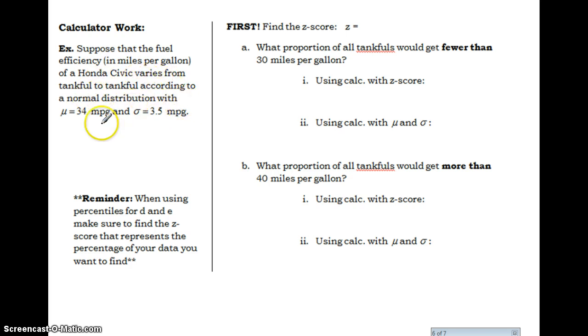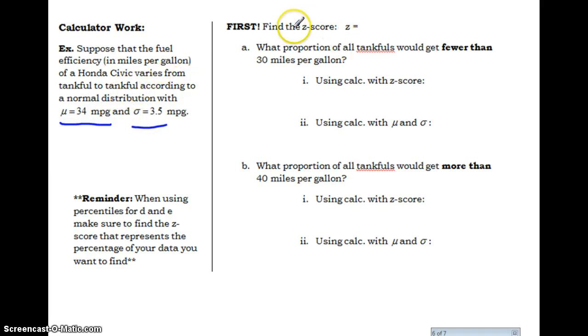Most Honda Civics have an average of 34 miles per gallon when you fill up your tank, right? That's how fuel efficient your car is. And there's a standard deviation of about 3.5 miles per gallon. This is helpful to know since I have a Honda Civic, right? Popular car out there. So we want to make sure that we are getting the most efficient use of our gas because it costs money.